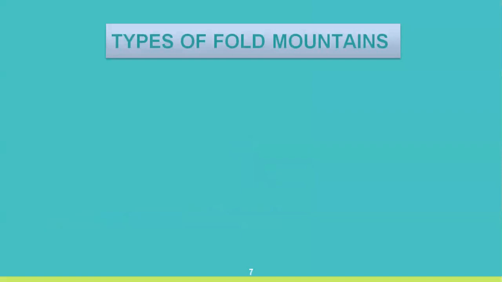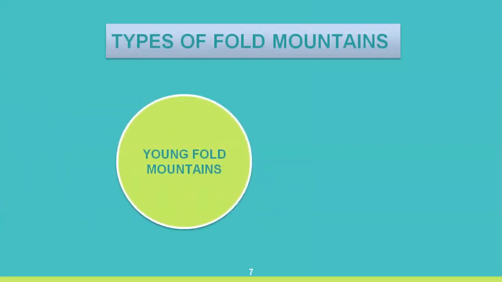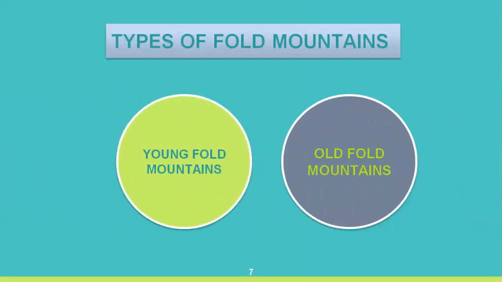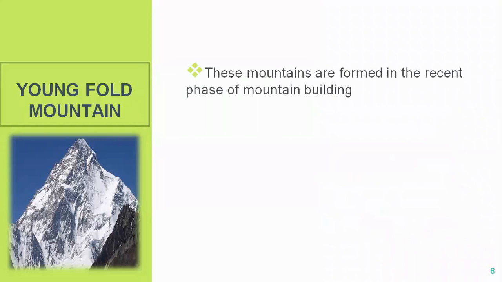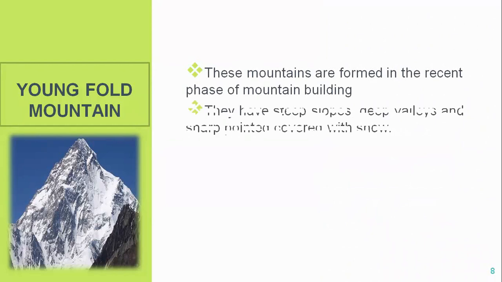Now there are two types of fold mountain. Firstly, young fold mountains. Secondly, old fold mountains. Let us see the characteristics of the young fold mountain. These mountains are formed in the recent phase of mountain building, meaning they are not old mountains. They are formed very recently. They have steep slopes, deep valleys, and sharp pointed tops covered with snow.